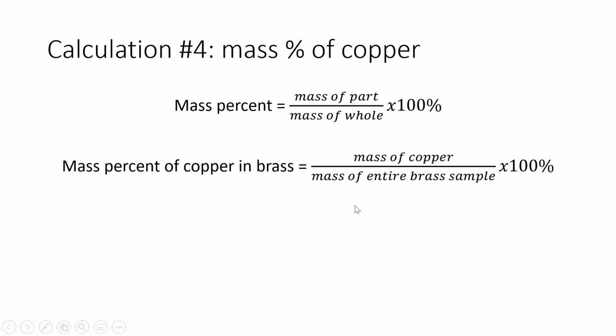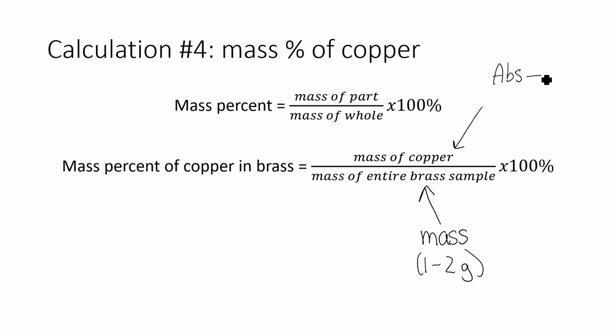Again, if we think this through, the brass sample, you took the mass of directly in the lab. So it's maybe somewhere between 1 to 2 grams-ish. You have the exact data written down in your data table. And the mass of the copper you found using the absorbance. So the absorbance gave you the concentration.